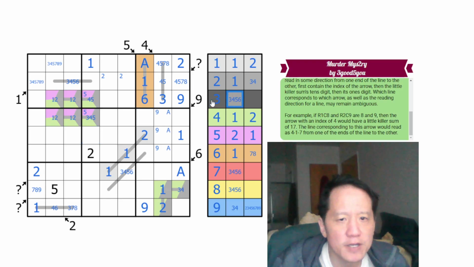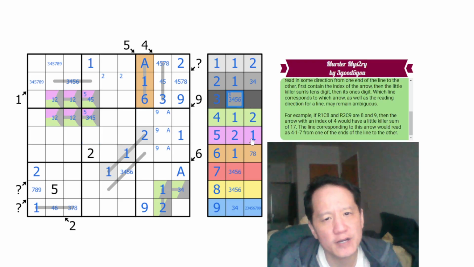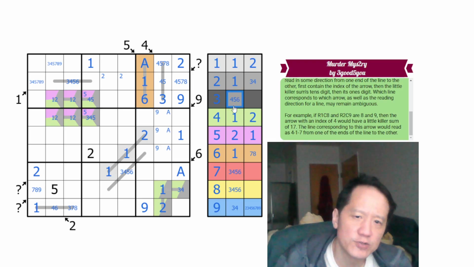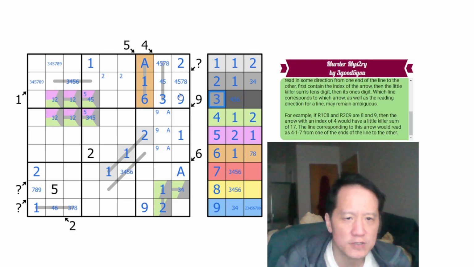So 3 cannot be 30-something. 3 has to be specifically 4, 5, or 6 in the tens digit, right? Because all the 3 possibility lines, they all see each other. Well, actually, no, this could. So never mind. This could still be 3, 3. That is possible.